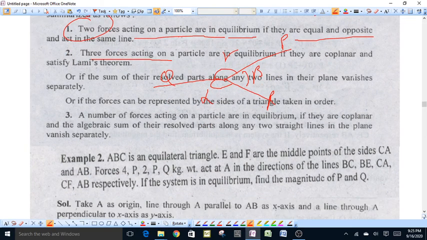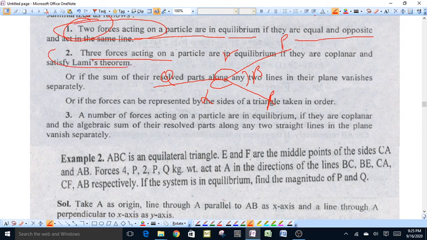Similarly, if we have any number of forces acting at a point, for equilibrium they must be coplanar and the algebraic sum of their resolved parts along any two mutually perpendicular directions must vanish separately. These are the three conditions. First, if we have two forces acting at a point, they must be equal and opposite.